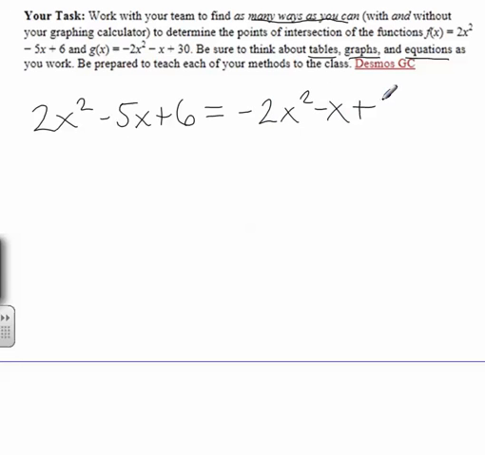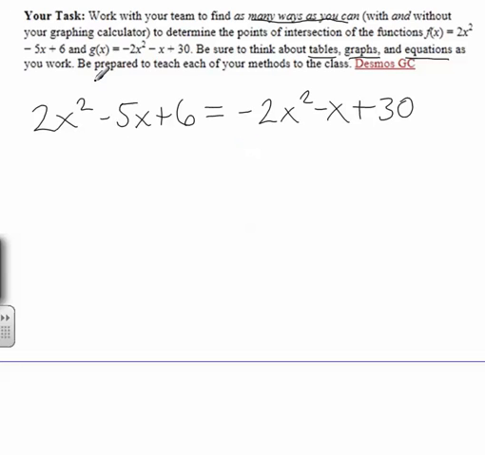Now I'm seeing that this is a quadratic equation. There's an equal sign, and quadratic refers to the power of 2, and that's the highest exponent. So I've got 2 options to solve this. I can either factor it and use the zero product property, or I can use the quadratic formula.